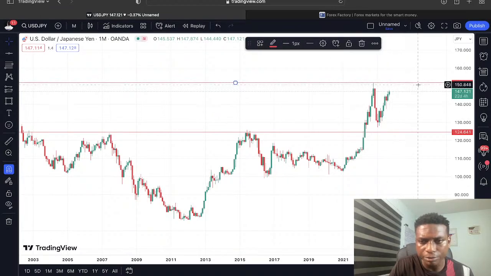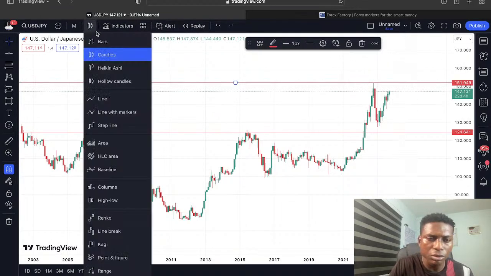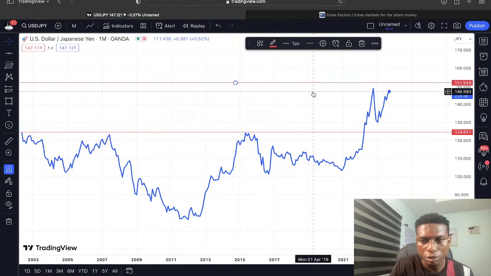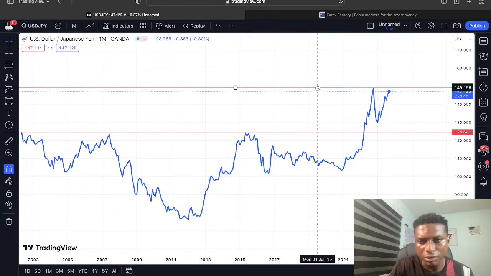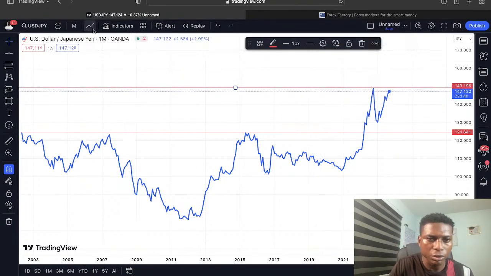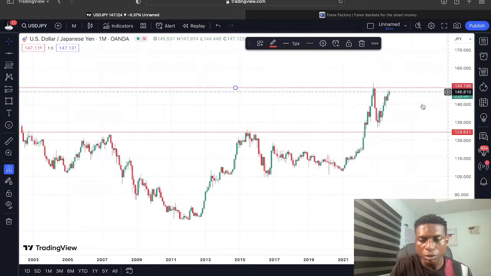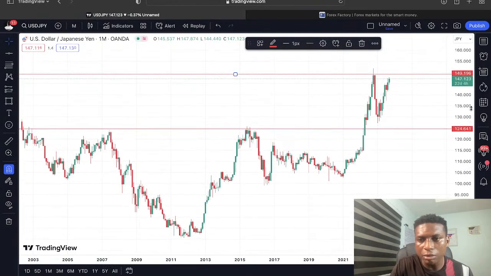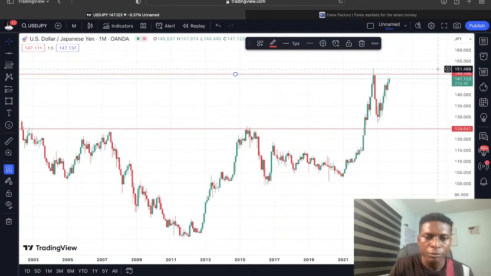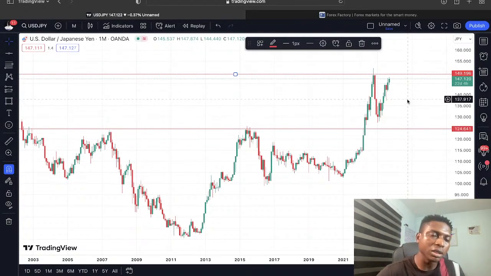So, look at it here now. Price is coming here. Let me look at the line chart to be able to determine the level I need to target. Good. So you can see that price now is coming to that level. Now, this has already created some very interesting things that we need to observe.